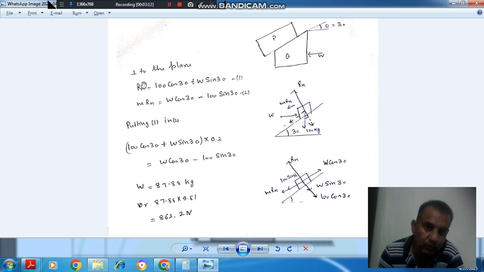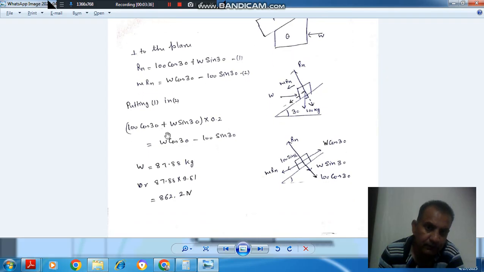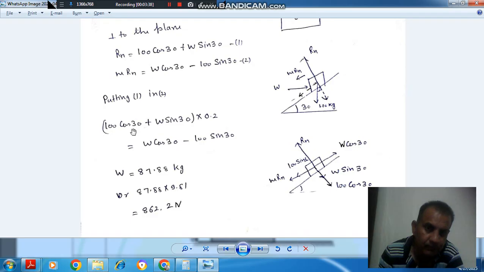Now if we take the forces perpendicular to the plane, Rn is balancing W sin 30 and 100 cos 30. So Rn is equal to 100 cos 30 plus W sin 30. This is equation number 1. And mu Rn is balancing W cos 30 minus 100 sin 30. This is equation number 2. Now we put the value of Rn from equation 1 into equation 2.